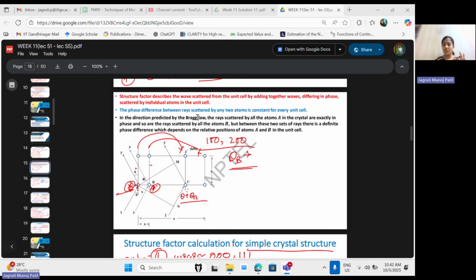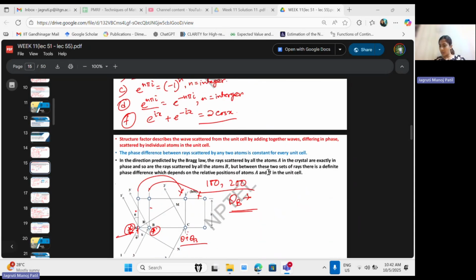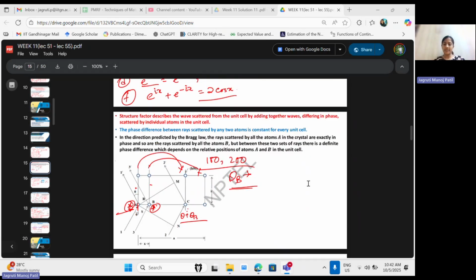Bragg's law predicts that all the atoms in A are exactly in the same phase, and so are the rays in B. But the two rays have a definite phase difference between them, which depends on the relative position of atoms A and B in that particular unit cell. So if one is at u and another is at u_A and u_B, there would be a phase difference based on where they are placed in the unit cell.